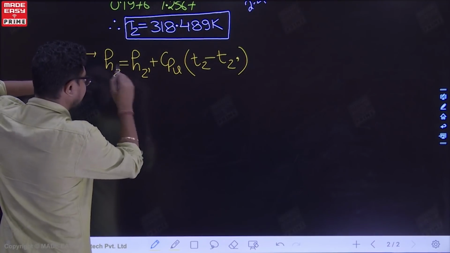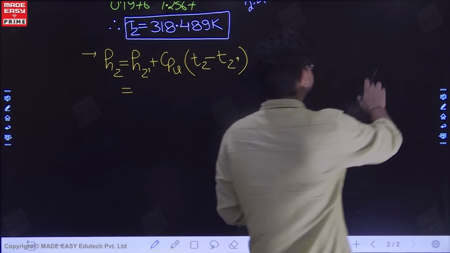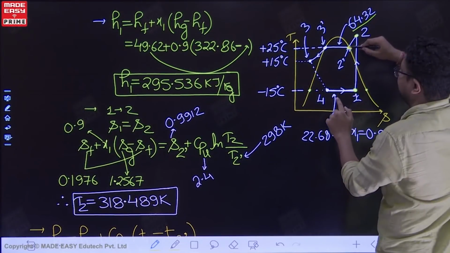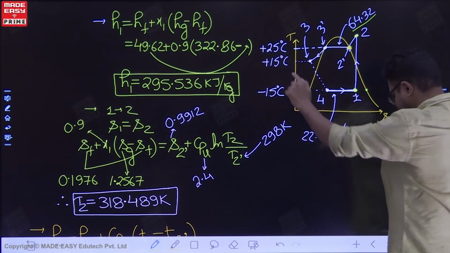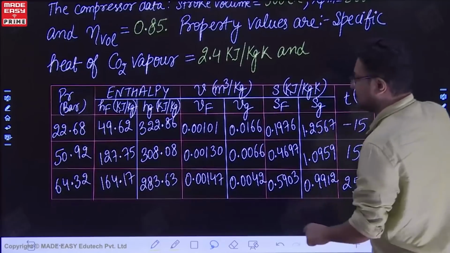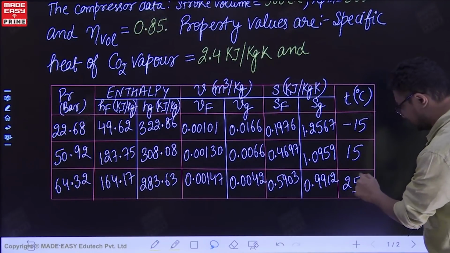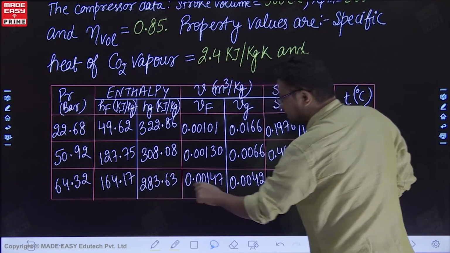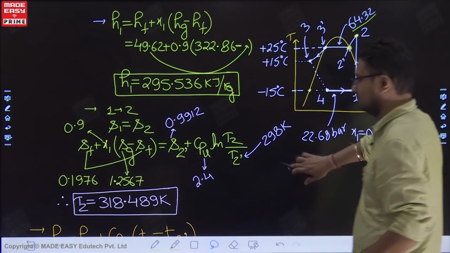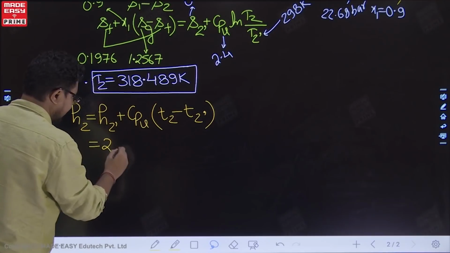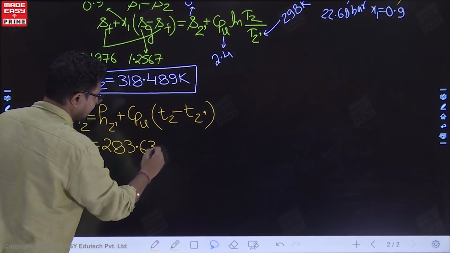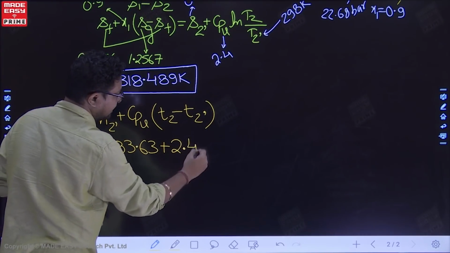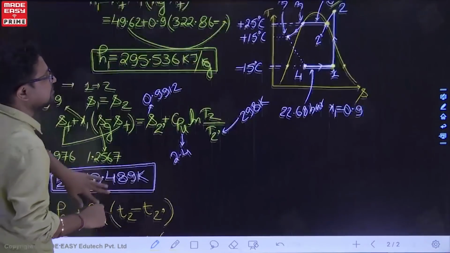H2 dash is Hg, saturated vapor, at plus 25, that is at the higher pressure, 283.63. So 283.63 plus Cp vapor, 2.4, into T2 minus T2 dash.